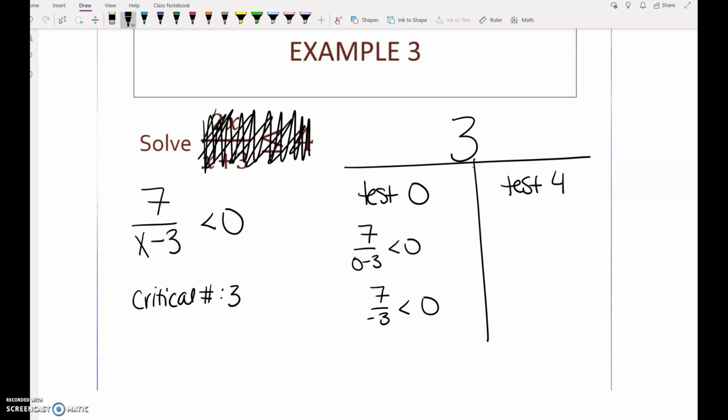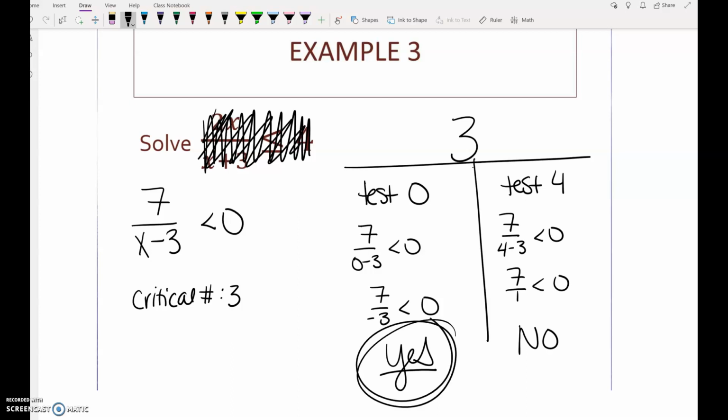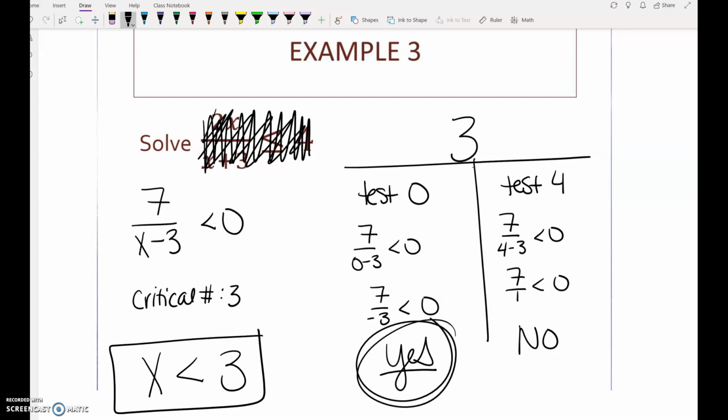That would be a negative number, and a negative number is smaller than 0, so yes. If we test 4, that'd be 7 over 1. 7 is not smaller than 0, that would be a no. So the numbers smaller than 3 are going to be our solution. So our solution is x is less than 3.